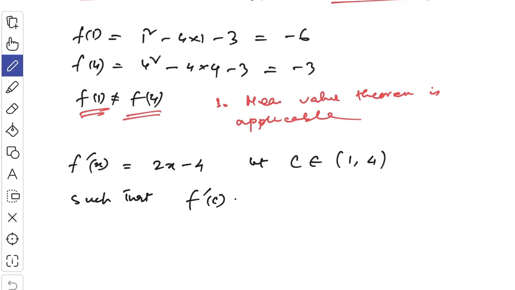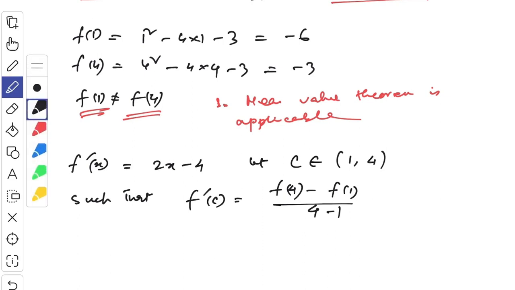f dash c is equal to f of b, that is f of 4, minus f of 1, divided by 4 minus 1. Now if this value of c lies in the interval 1 and 4, then we can say the mean value theorem is verified.